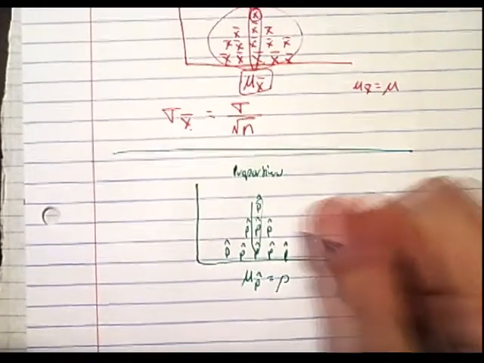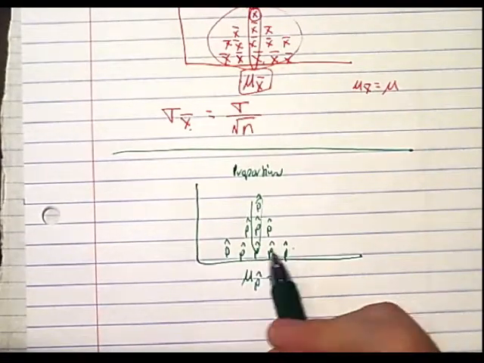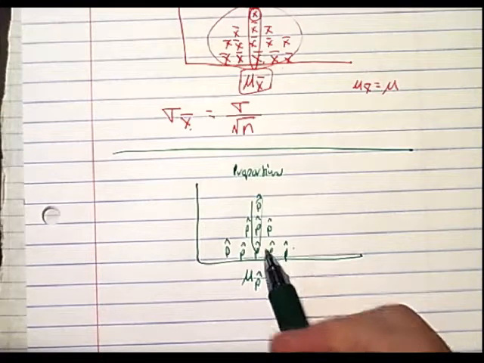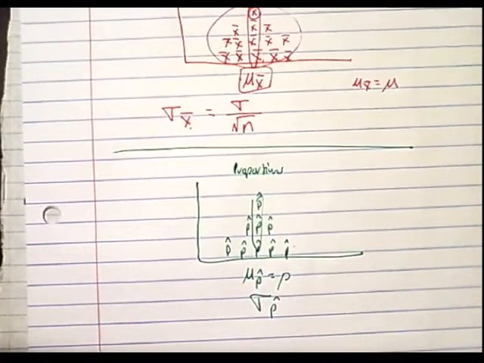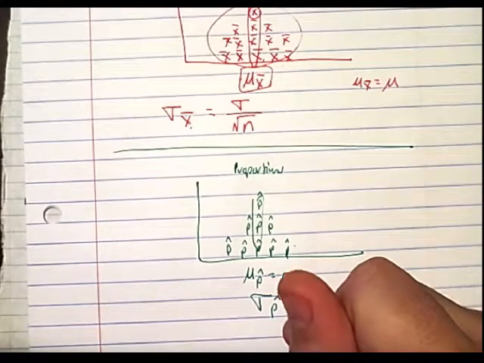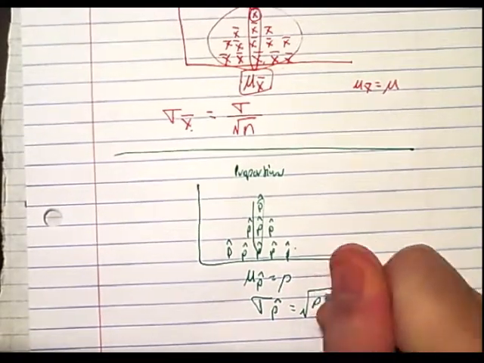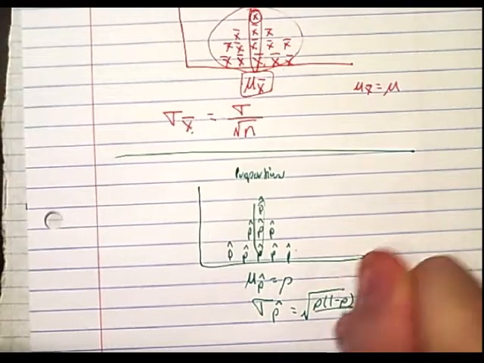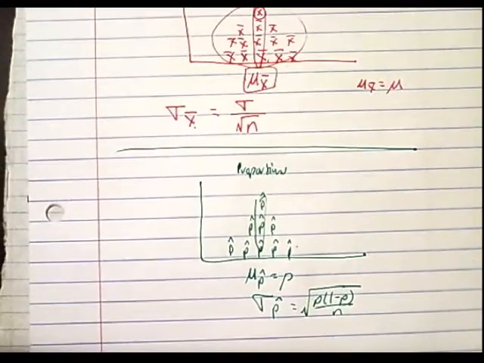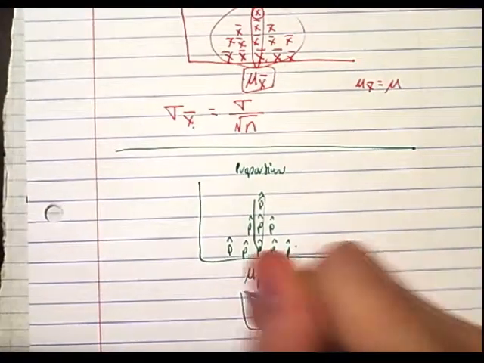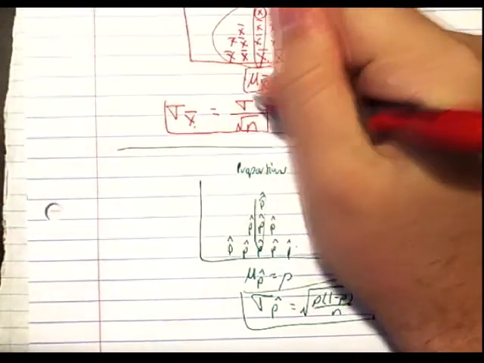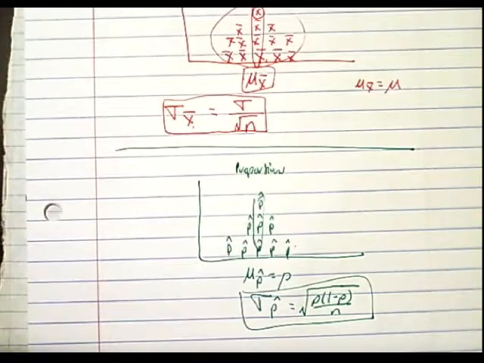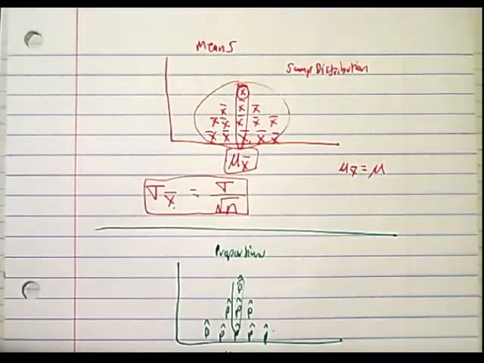And each p-hat varies a little bit. So the sigma of the p-hats equals the square root of rho times 1 minus rho all over n. So these formulas look a little bit different depending on whether you have means or proportions.